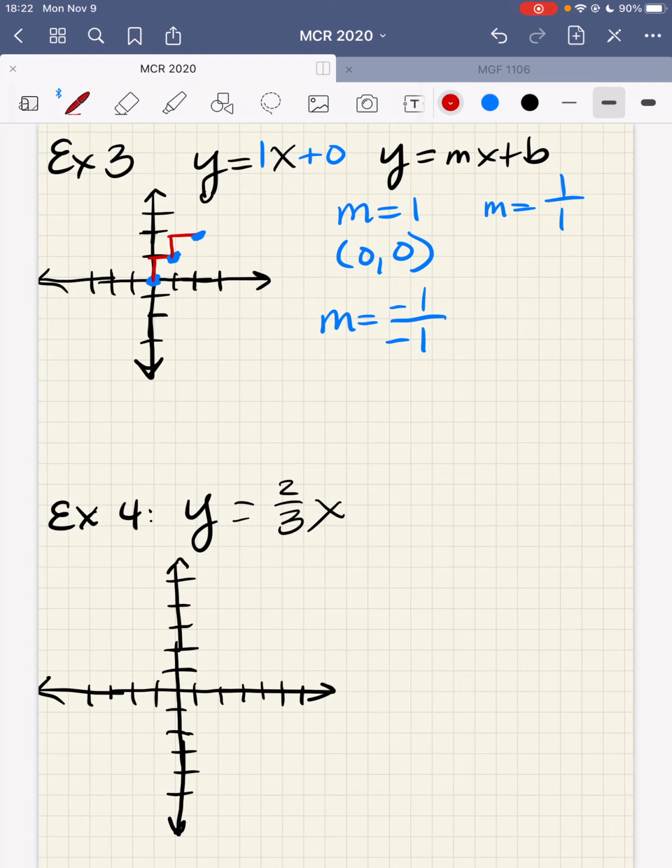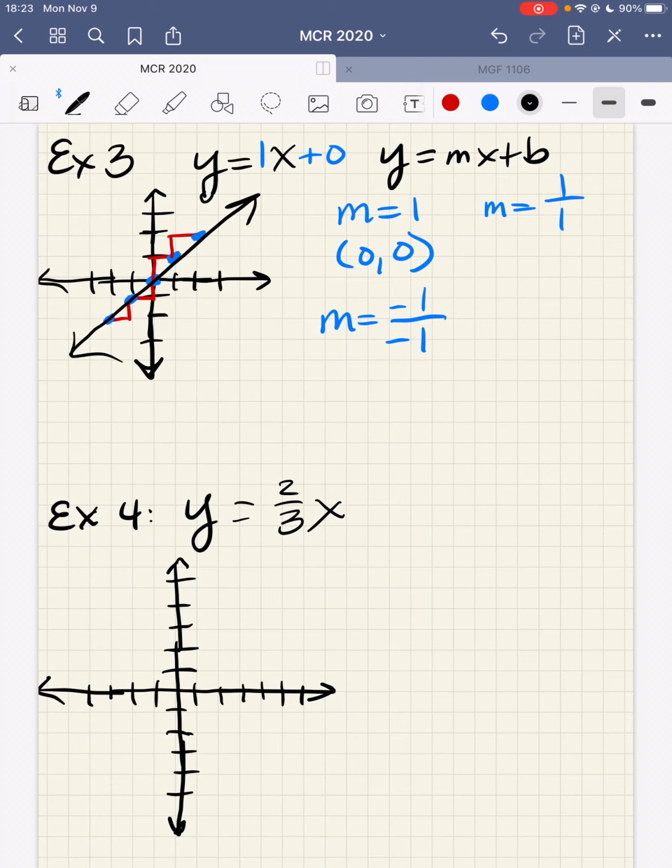Which means if I want to start from the origin, I can actually go down 1 and to the left 1 and plot a point, and it should line up with everything else. And I'm going to do that one more time. Go down 1 to the left 1 and plot another point. Notice all these points line up. I could draw one straight line through all of them.